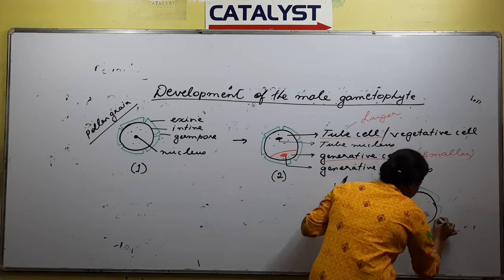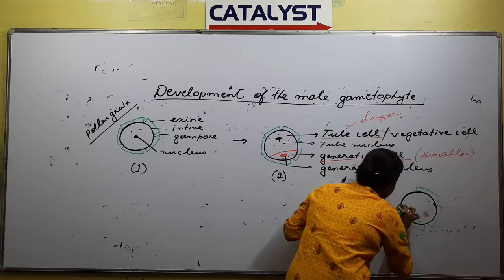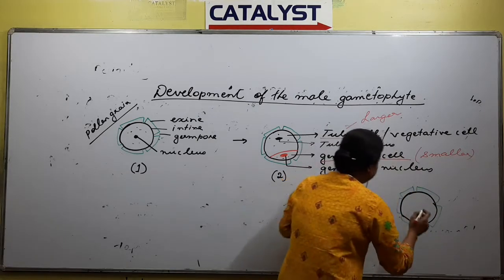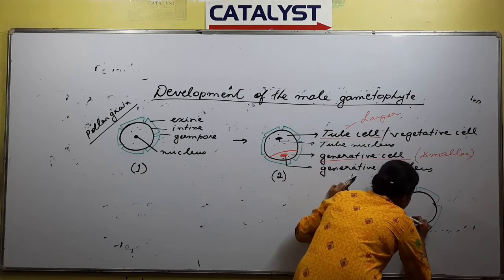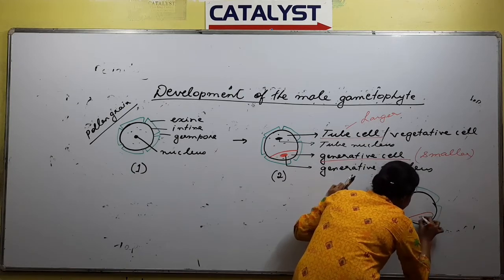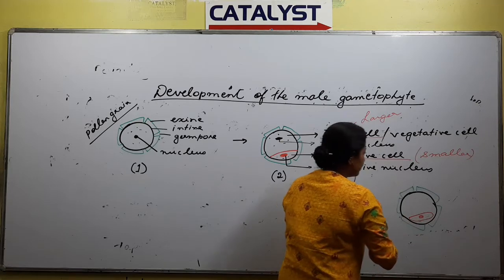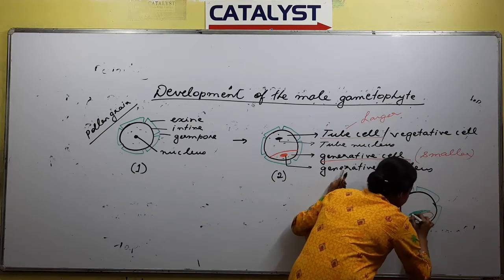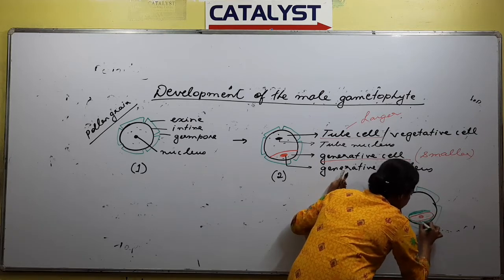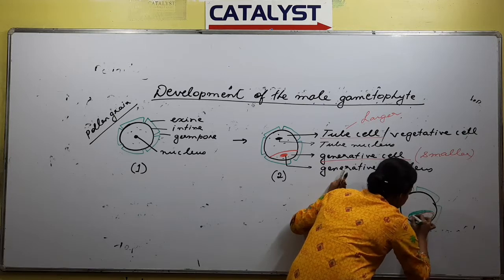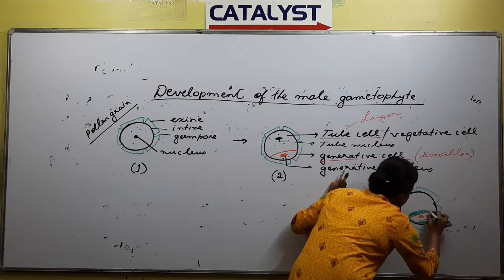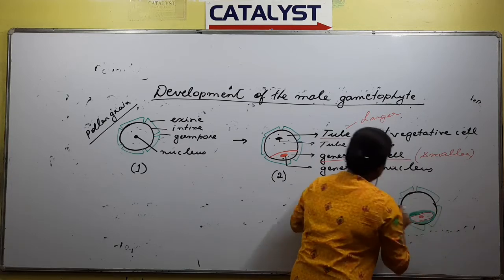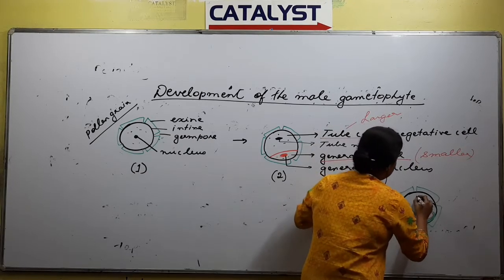This is a very rough diagram I am drawing, just to have an idea how the process of development goes. Next, this generative cell gets surrounded by a layer of callose. Right?